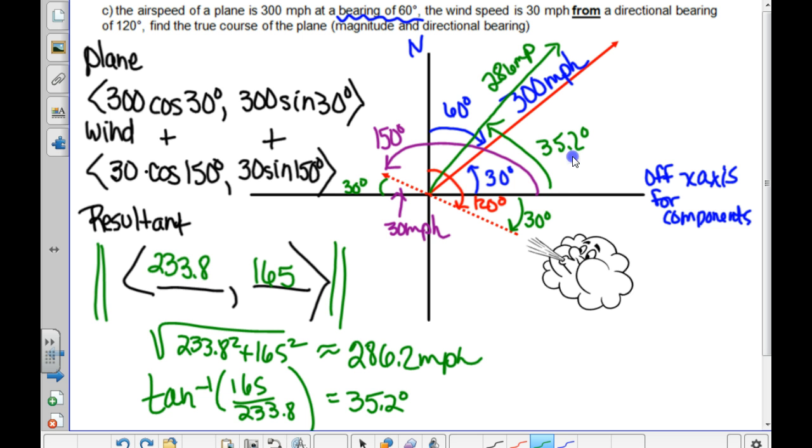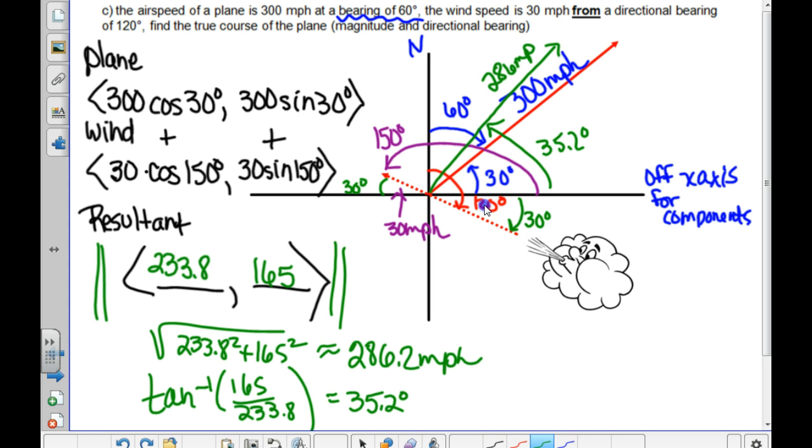Did someone else get 35.2? I did that part right? Okay. Does it make sense that the wind pushing back against it slowed it down a little bit and pushed it a little back towards north? If this was what the wind was doing to the plane, right here where my arrow is, does it make sense that it pushed it a little bit back towards north? Okay.